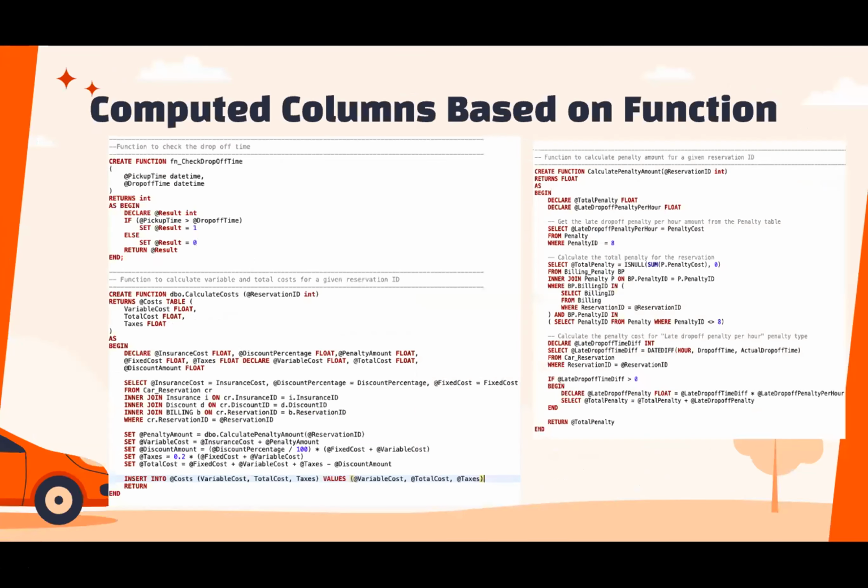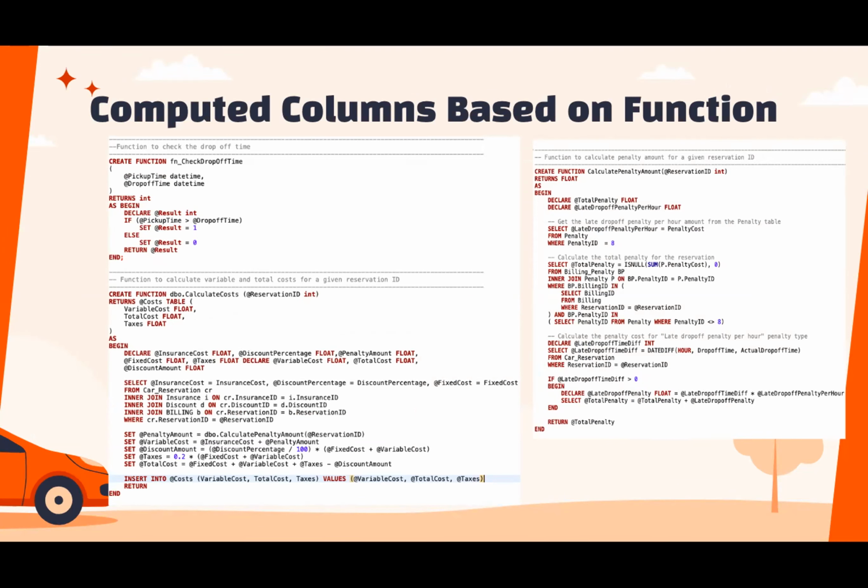Here are the functions with which we are calculating cost and drop off time, and also calculating the penalty amount. I'll explain calculate cost, because it has all the costs which we are calculating for a user. We have fixed costs, insurance, discount, everything calculated using the calculate cost function, and we have formulas for that.